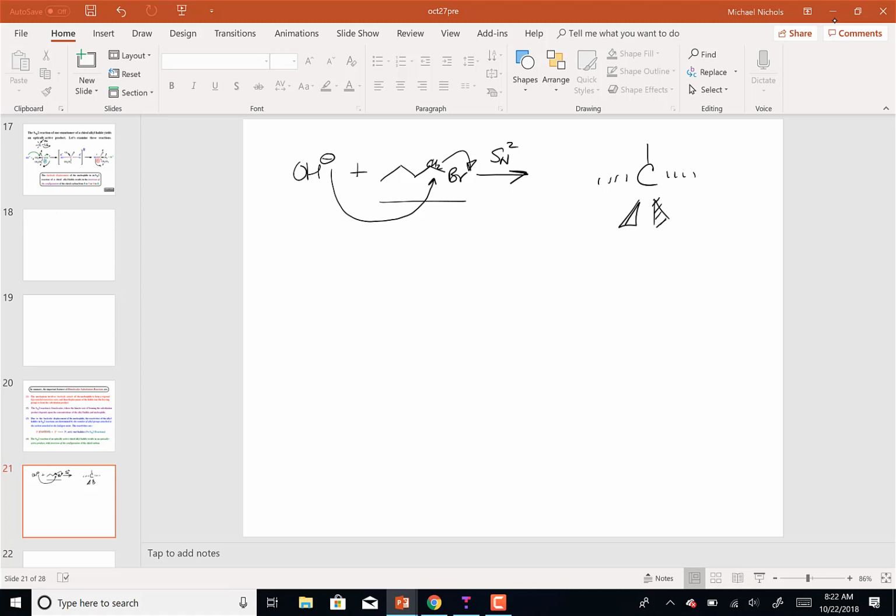It's always going to have the carbon with the 3 bonds, the bold wedge, the dashed wedge in the plane, and then dashed bonds to the nucleophile and the leaving group. So in this case, the nucleophile is OH, the leaving group is Br, and what's attached to this carbon is 2 hydrogens and basically a propyl group.